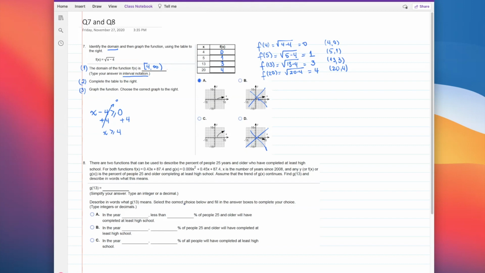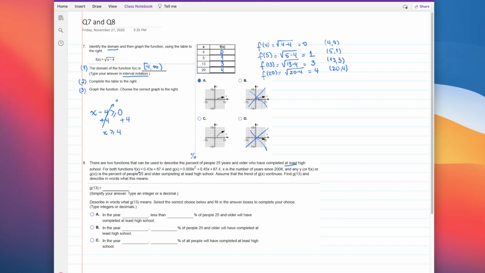Number 8 is a problem solving. And let's see what this gets us to. There are 2 functions that can be used to describe the percent of people 25 years and older who have completed at least high school. So that has a certain amount of study. That has to be at least high school. So those 2 functions give this percent.